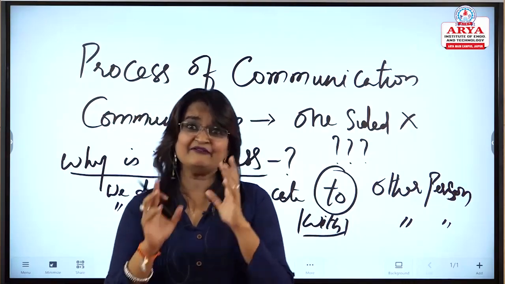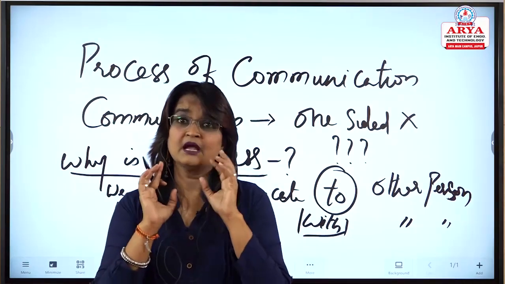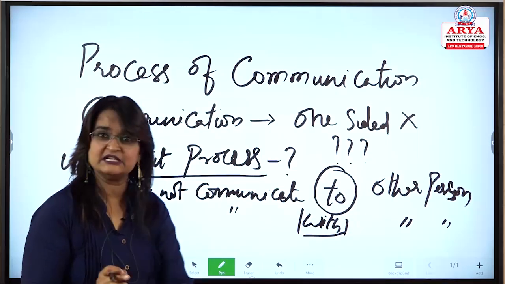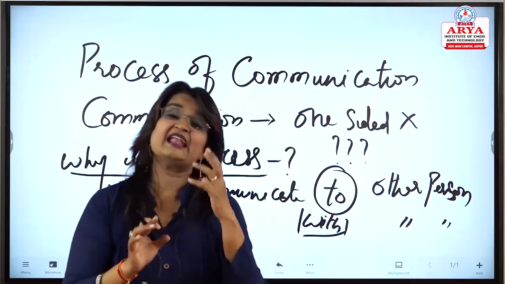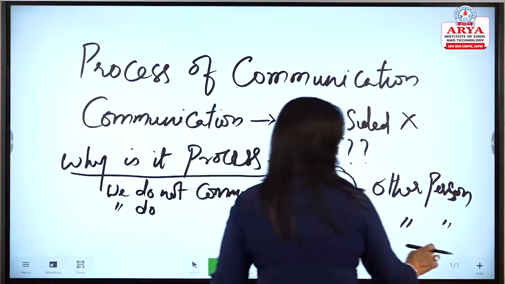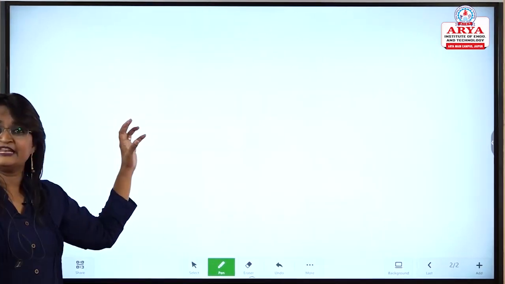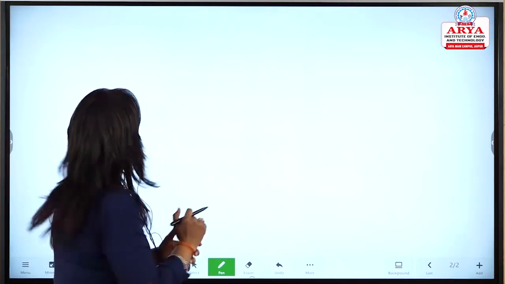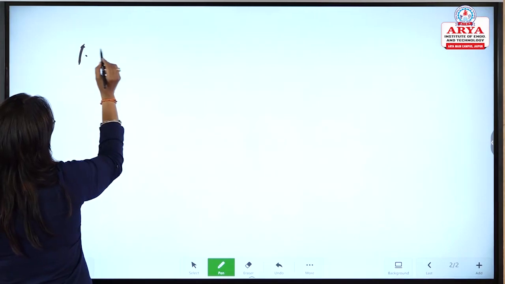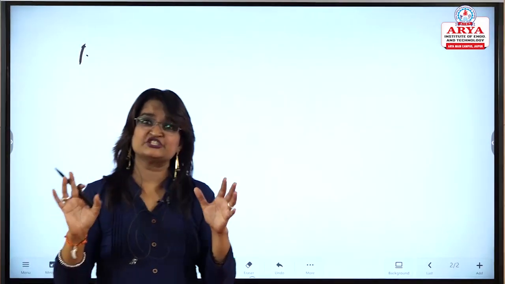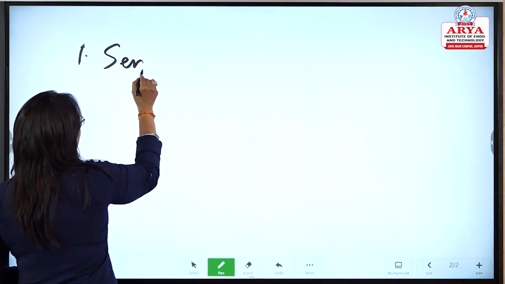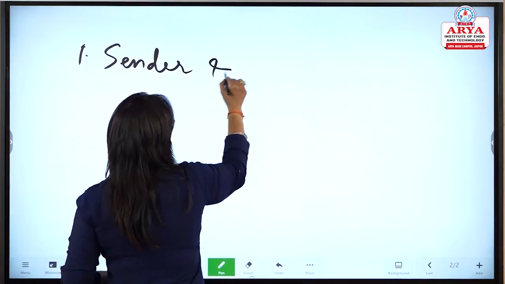So when we are talking about why it is a process, it is because we are communicating with, and let us go into detail about it. As I said, there are various points that we will take care of, on why communication is a process. The first point is, in communication we have a sender and a receiver.